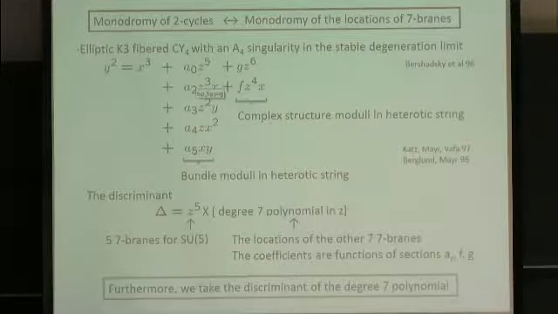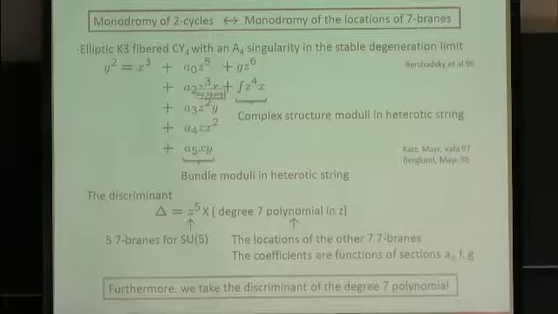So you have to study the monodromy of two-cycles, then we can see the monodromy of the location of the membrane. The location of the membrane can be studied by considering the discriminant of the Tate form. So we consider a K3 fibered Calabi-Yau fourfold with an A4 singularity in the stable degeneration limit, and that can be written in this way.